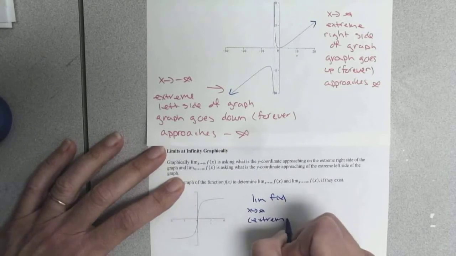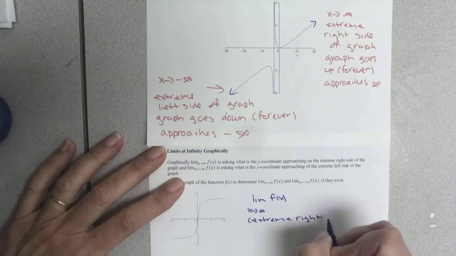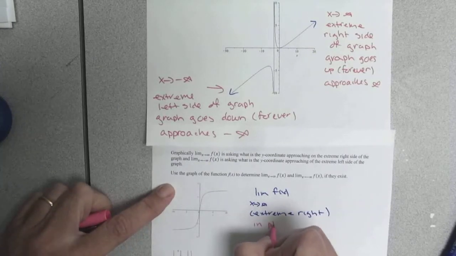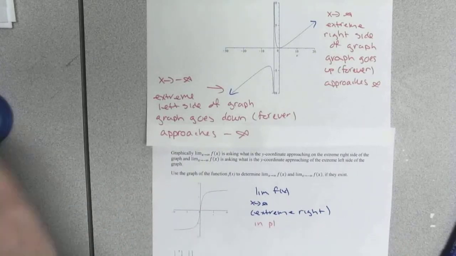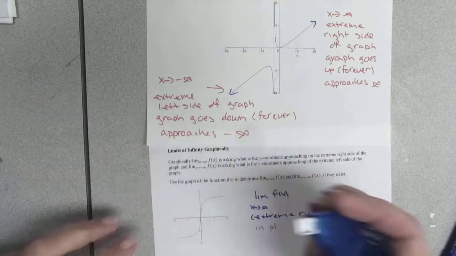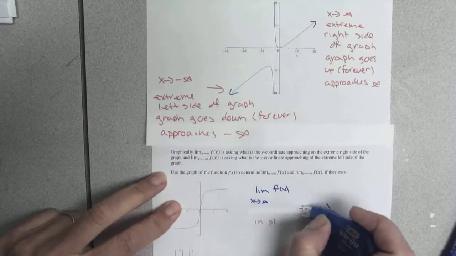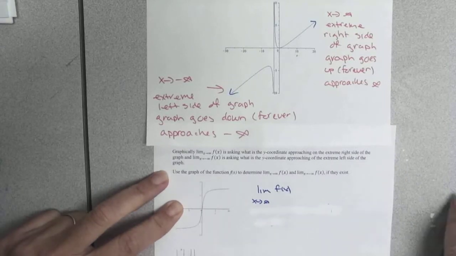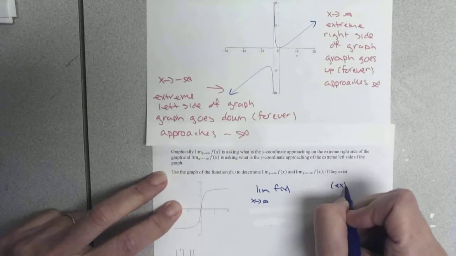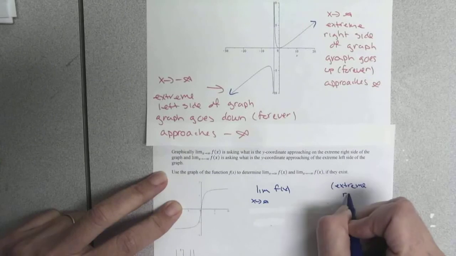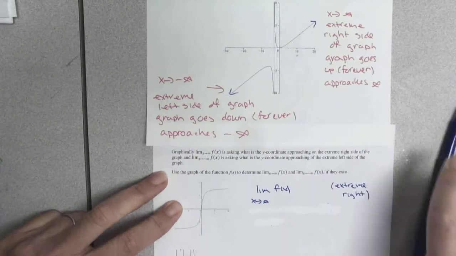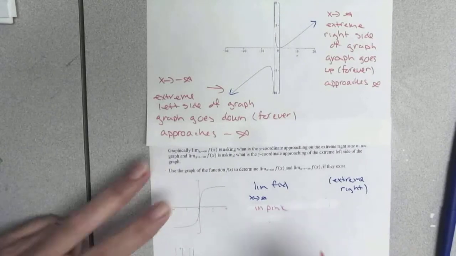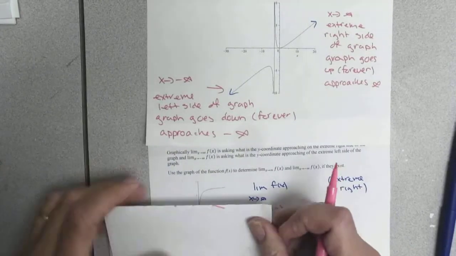So the limit as x goes to infinity of f of x. Extreme right. And let's do that in pink. I'm going to run out of room here, so I'm going to put up here extreme right. In pink. So let's draw a little pink line here.